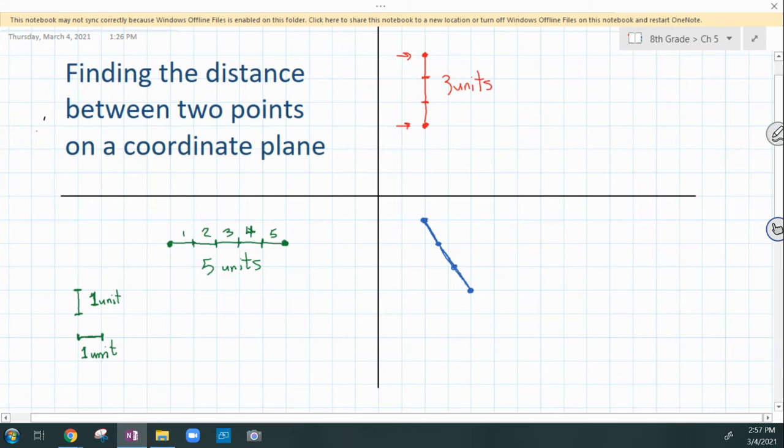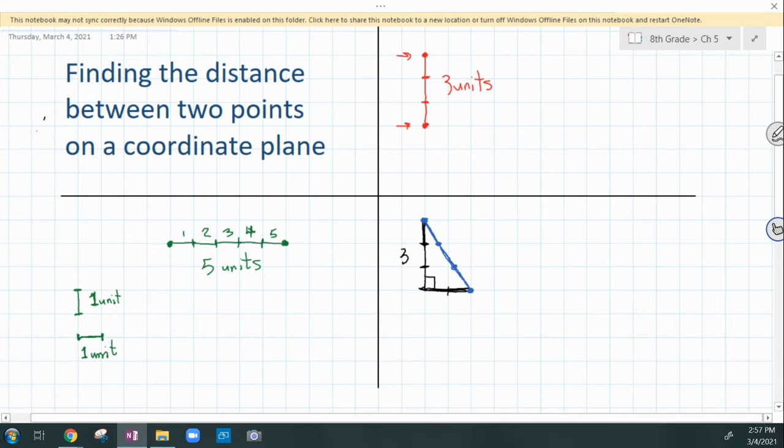What we can do is draw a little slope triangle here, going vertically and horizontally. And look at that, I have my right angle right there. Now we can count this length here. That's 1, 2, 3, a length of 3 units.